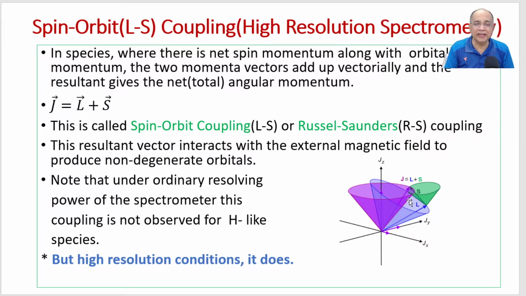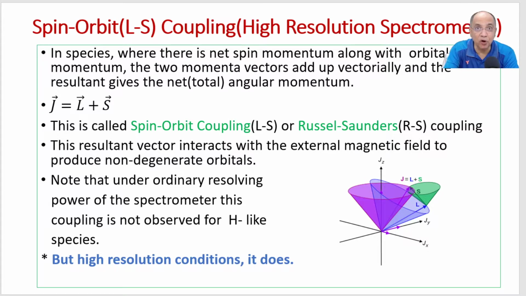will be interacting with the external magnetic field. This is the direction of the external magnetic field, if at all there will be Zeeman effect. But I have not yet started Zeeman. Zeeman we have already done in our previous video, that is normal Zeeman effect, when there is no LS coupling.